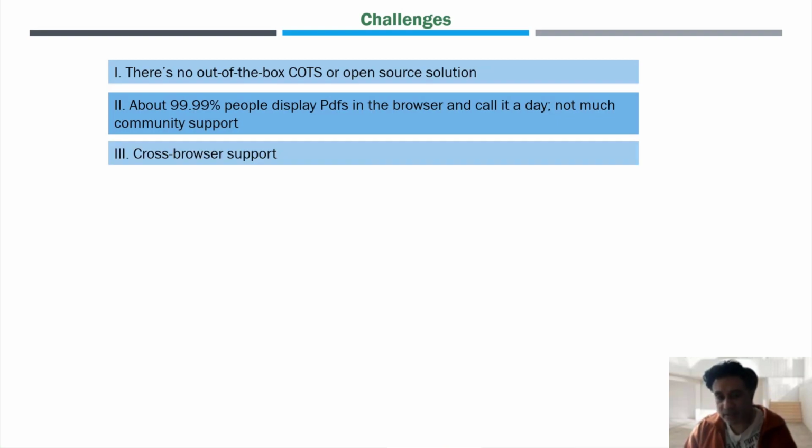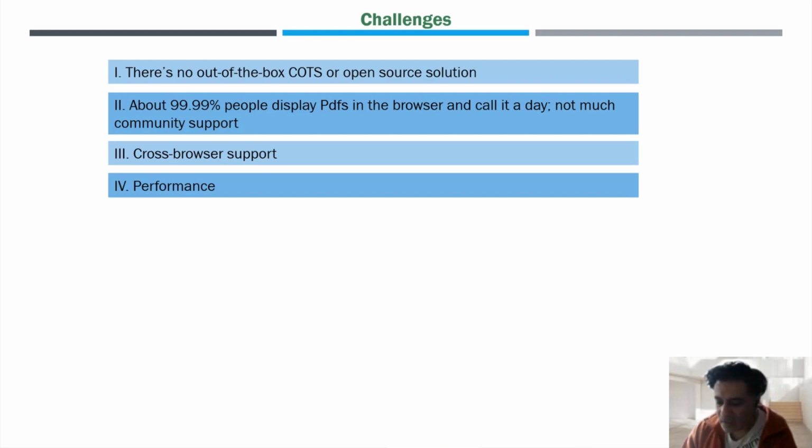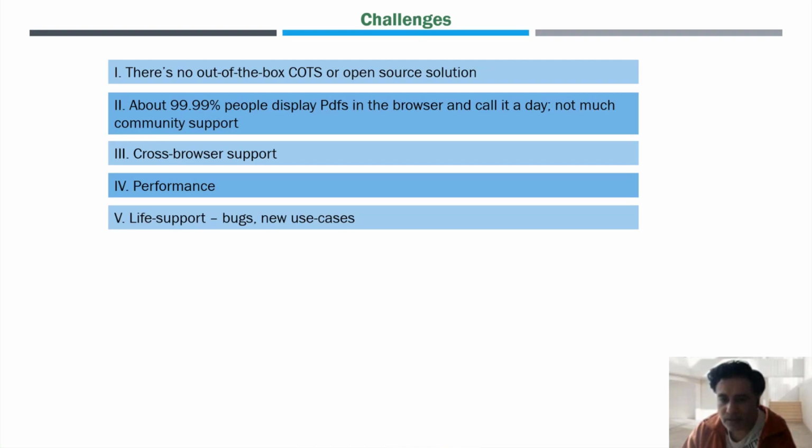Like I said, it is a challenge to have cross-browser support. And the solution will not be practical if it's slow or a lot slower, so we have to keep that in mind while finding alternatives.